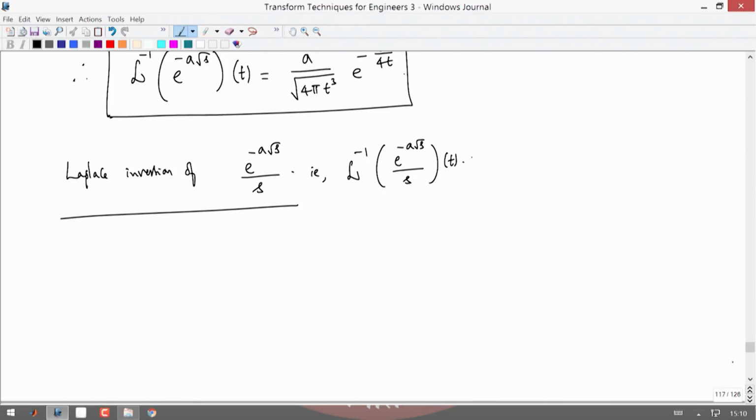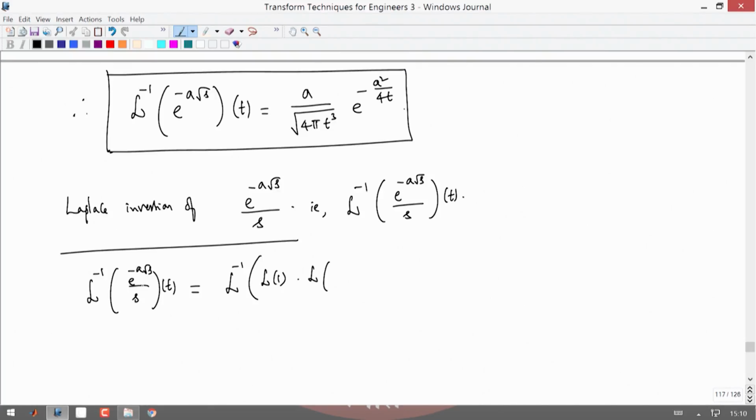This is actually equal to L inverse of e power minus a root s by s as a function of t, which is equal to, you know that you can write this like L inverse of L of 1 is 1 by s times L of this function, e power minus a root s is L of this function.